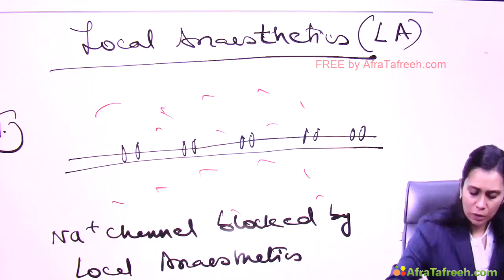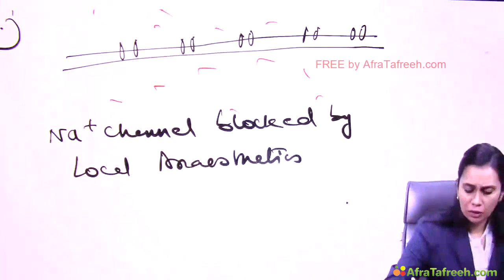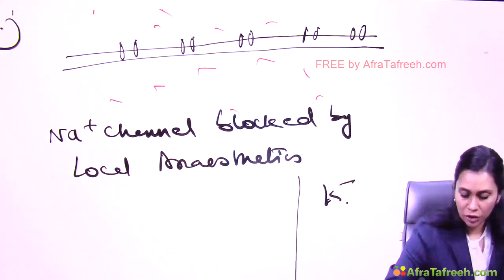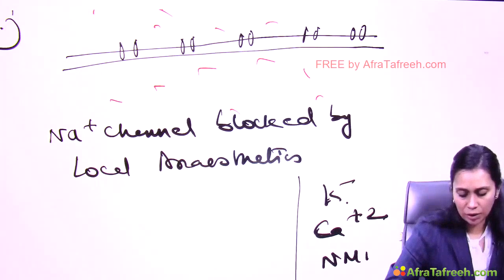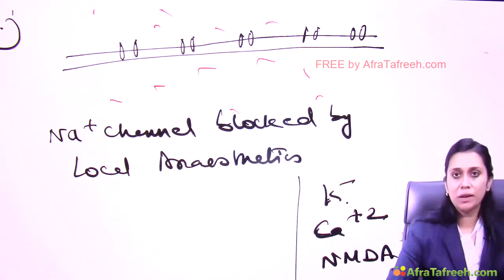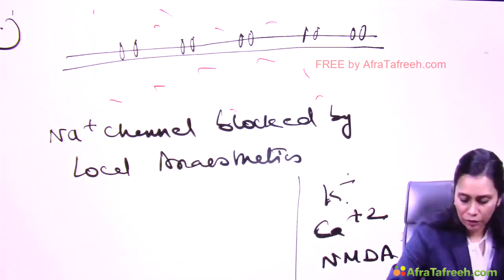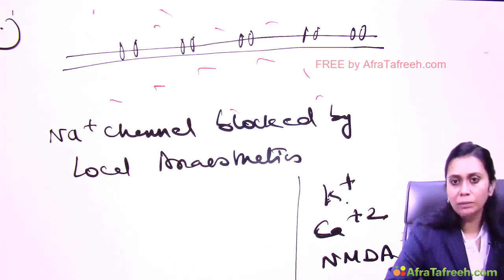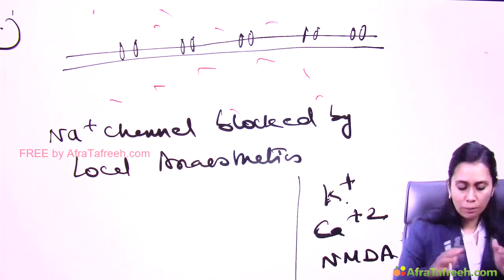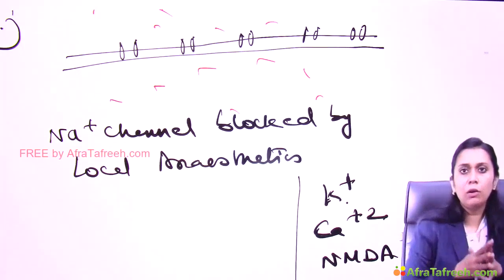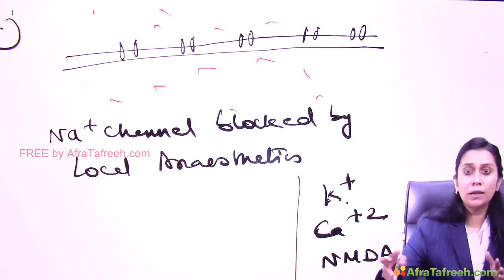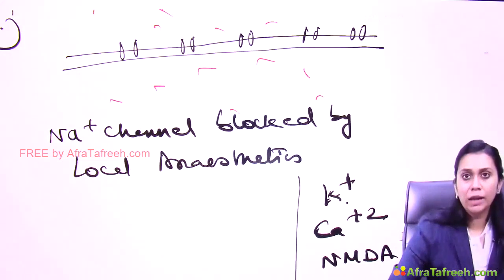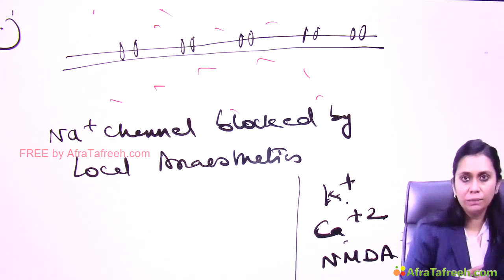But besides the sodium channel, local anesthetic can also have an effect on potassium, calcium, and NMDA channels. Right? So besides the sodium channel, local anesthetic has effect on 3 more channels: potassium, calcium, and NMDA channel. Got it, everyone? But primarily it blocks the sodium channel.